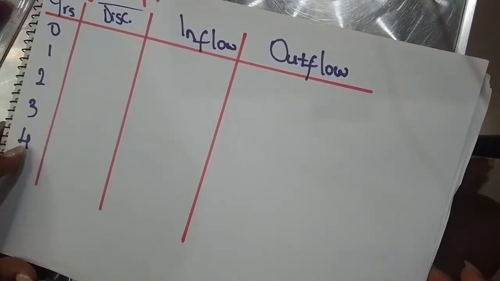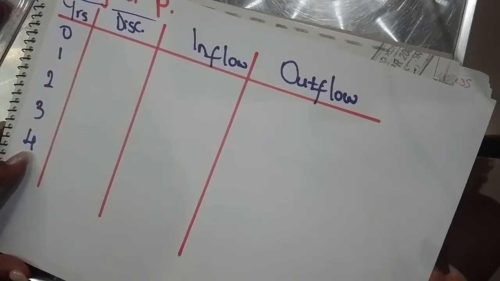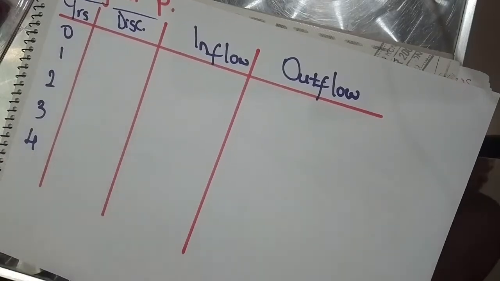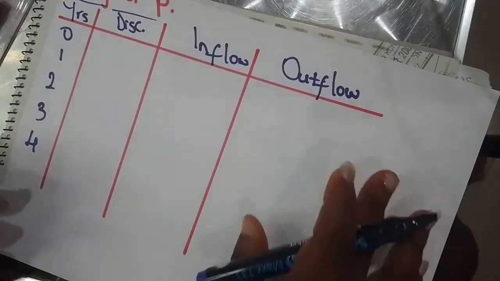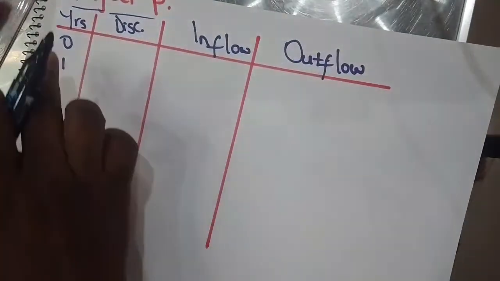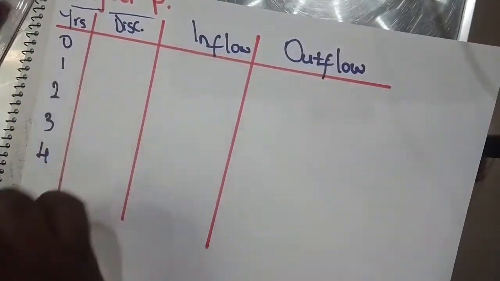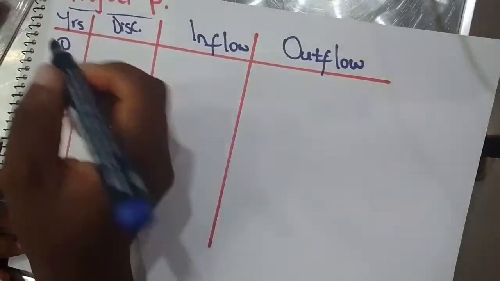Okay, are we back? Are we back together? I had a little network disconnection. So the year 0, 1, 2, 3, 4. You bring in your discount factors.